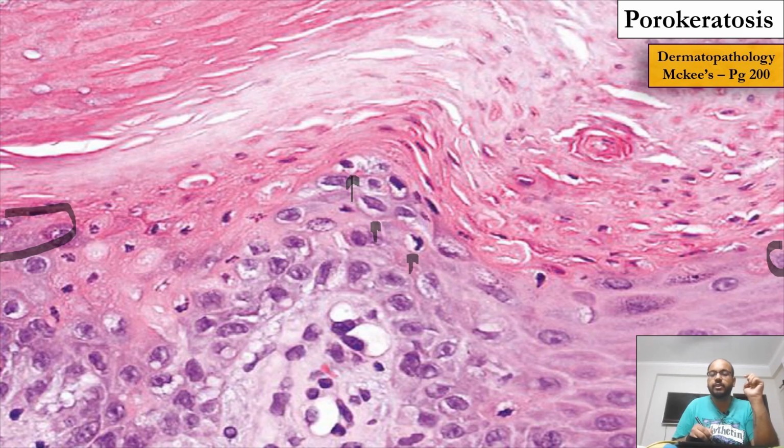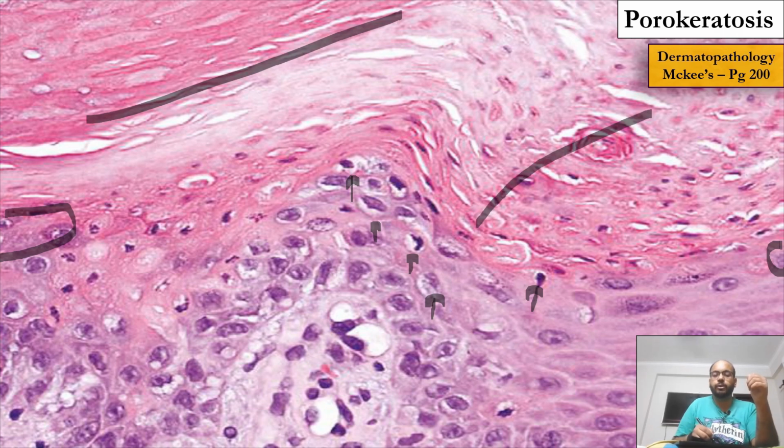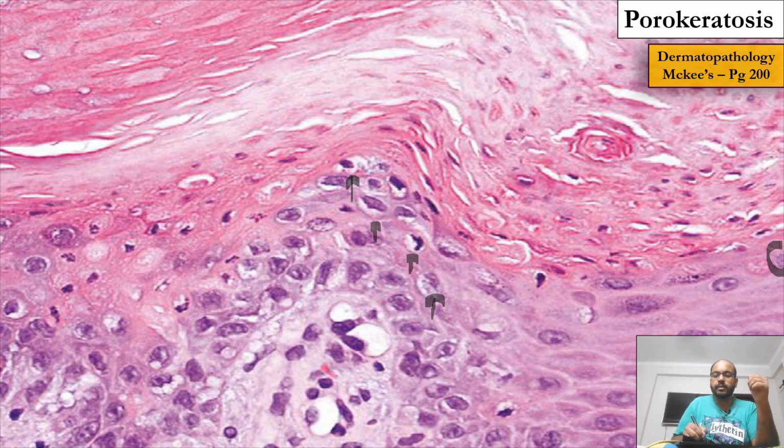You can have dyskeratotic cells also. So dyskeratotic cells, vacuoles just below the cornoid lamella. Clear? And you can in fact appreciate this obliquely running cornoid lamella on top. So below the cornoid lamella, you will have absence of granular layer and you have dyskeratotic keratinocytes with vacuoles. Okay, let's move forward.